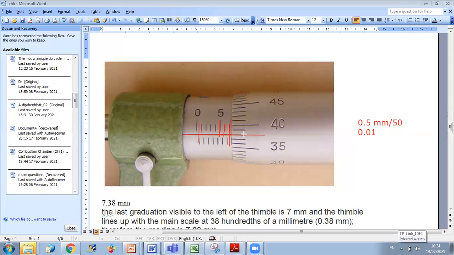So now I have 0.38 millimeters. I add to it 7, so I have 7.38 millimeters. So I'm reading 7.38 millimeters. Okay, and now I can see another example.